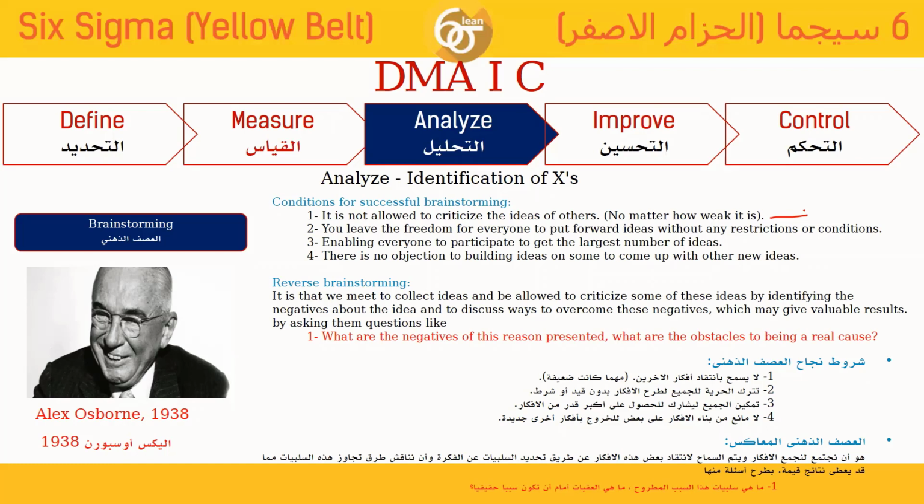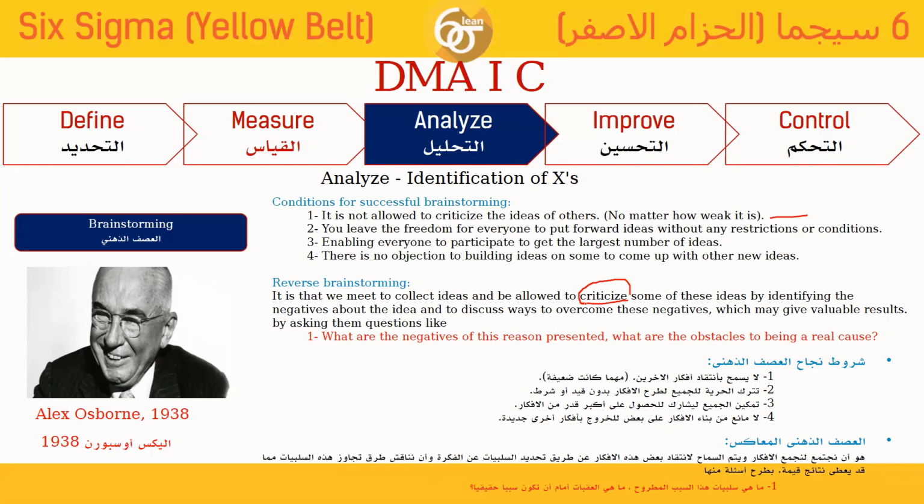We have something called reverse brainstorming, which is the same idea but the opposite of normal brainstorming, with a little bit of difference. Here we collect ideas and allow criticism. Criticizing is required, or at least allowed. Anybody may criticize another's idea.